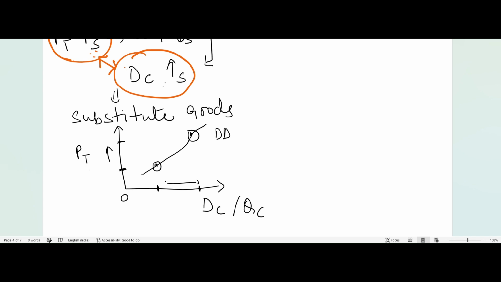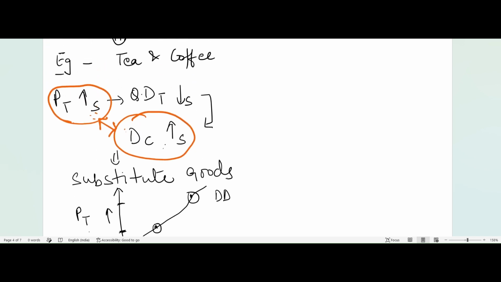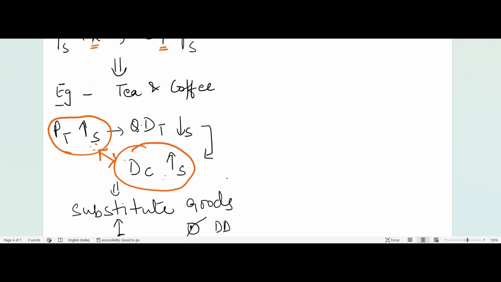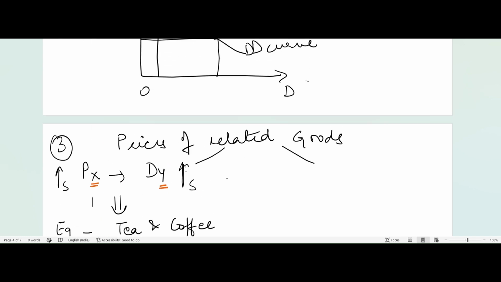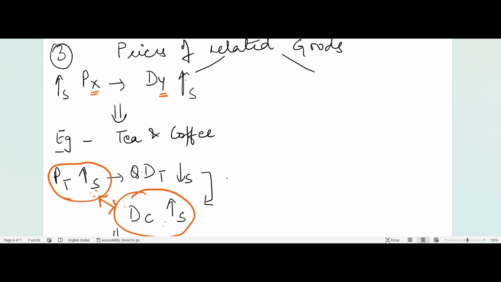Do you understand? So for substitute goods, the demand curve would be like this. Again, it is the price of one good and the demand for the other good. If there is a positive relation between the price of one good and the demand for the other good, then those two goods are termed as substitute goods.